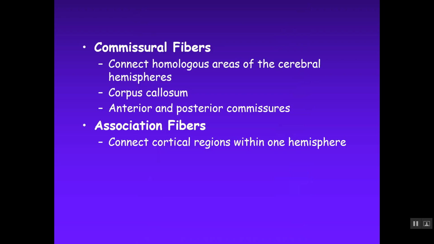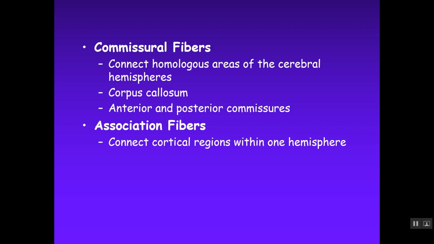Another type of white matter is called commissural fibers. These connect homologous areas of the cerebral hemispheres, so from one side to the other. These are the commissural fibers going across the cerebrum, connecting similar regions on one cerebral hemisphere with the similar regions on the opposite cerebral hemisphere, left and right. Okay.